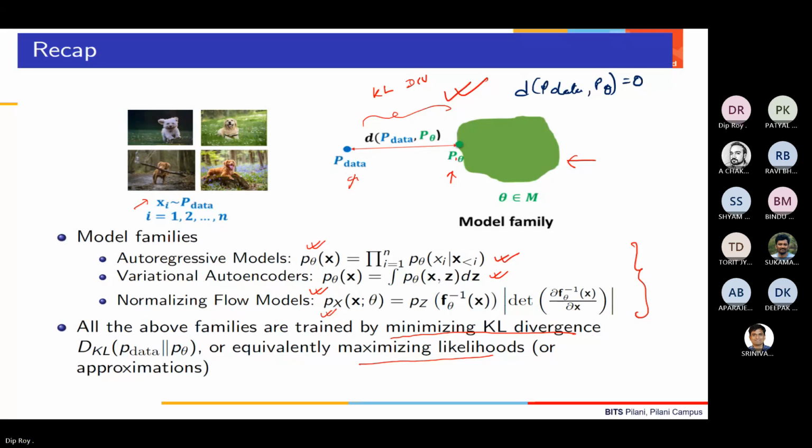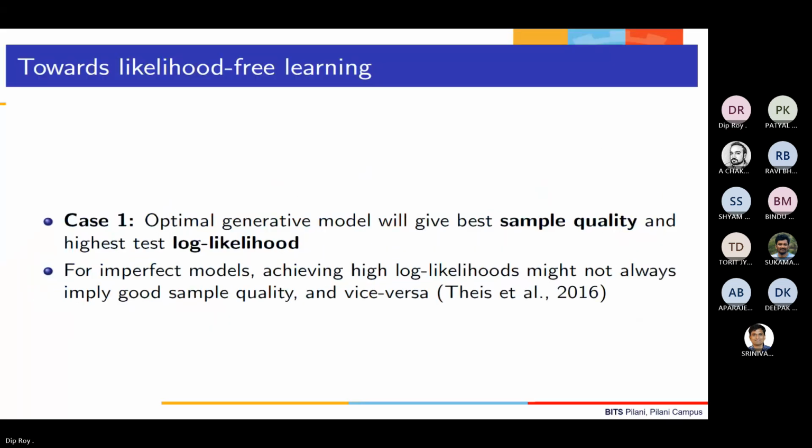In that scenario, your generative model will give the best sample quality and the highest log likelihood.